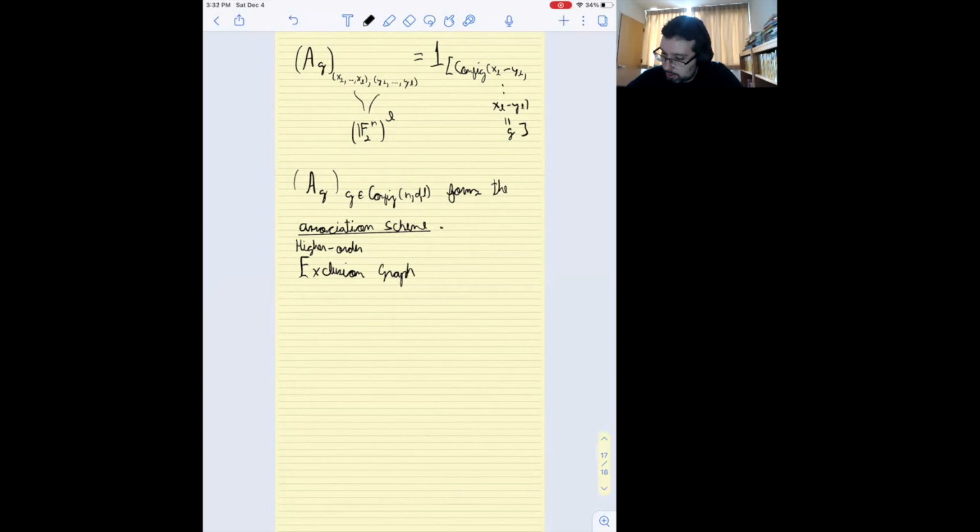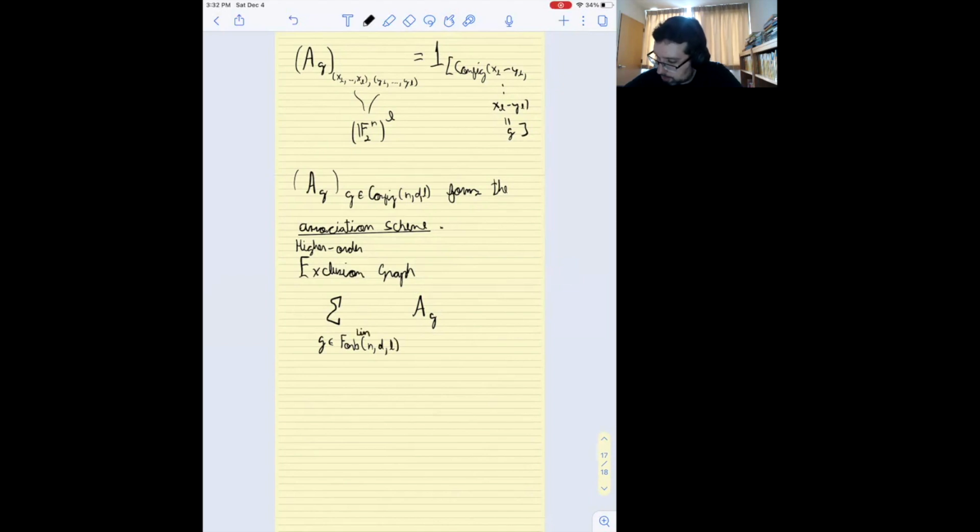So here you're going to have the summation of all the forbidden guys, A_G, such that G belongs to the forbidden configurations in D_L.